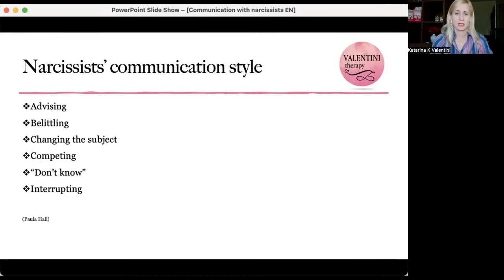Changing the subject is something that irritates me immensely. And narcissists love to do that whenever we want to talk about something they don't want to talk about. Has it ever happened to you that your narcissist promised you that you will talk about this the next time or very soon, or just not today, maybe tomorrow?